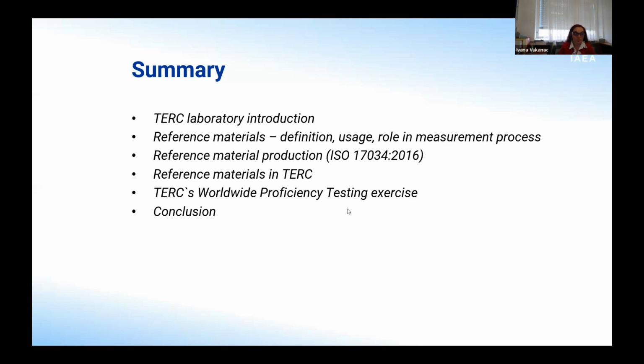Then we will go through reference material production, and I will tell you a bit about reference material in the TERC laboratory and about our TERC worldwide proficiency testing exercise.